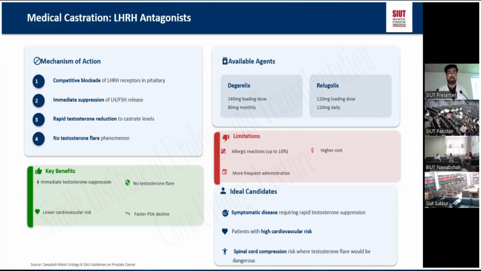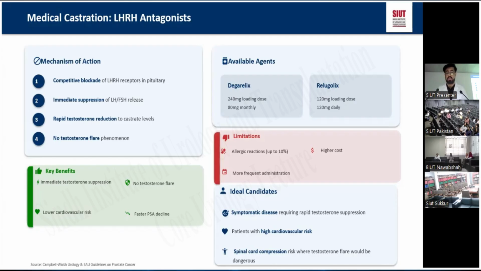Then there are LHRH antagonists. Its mechanism of action is that it competes with LHRH receptors in the pituitary, with immediate suppression of LH and FSH release and rapid testosterone reduction. The benefits are there is no testosterone flare and low cardiovascular toxicity, and the PSA declines faster with these medications.